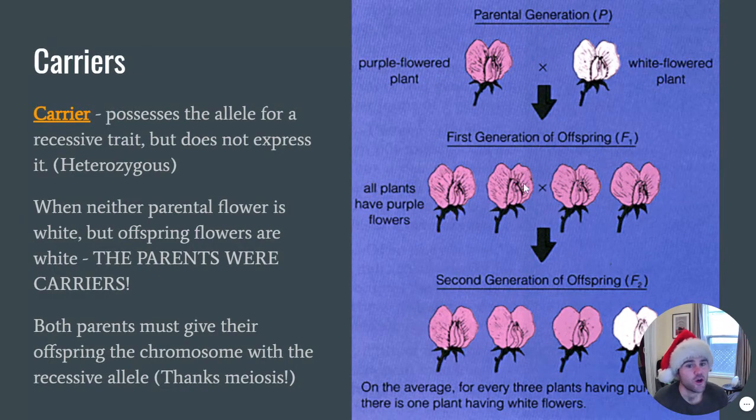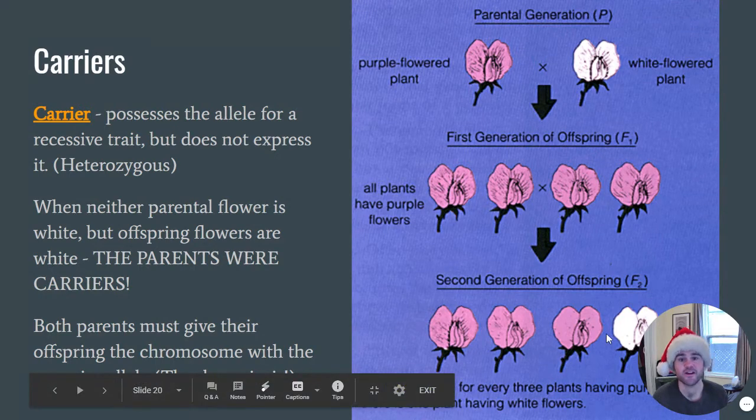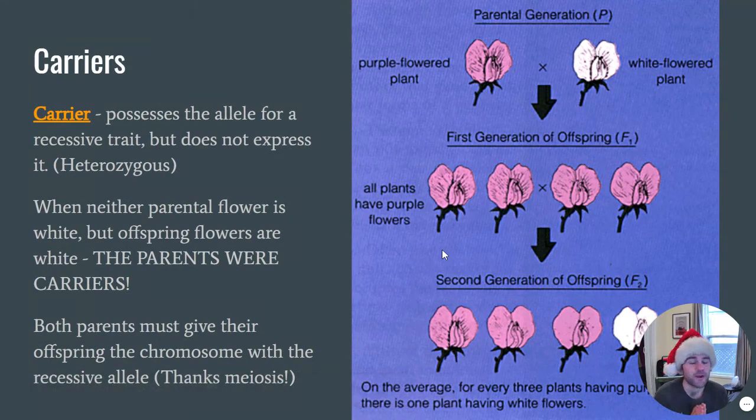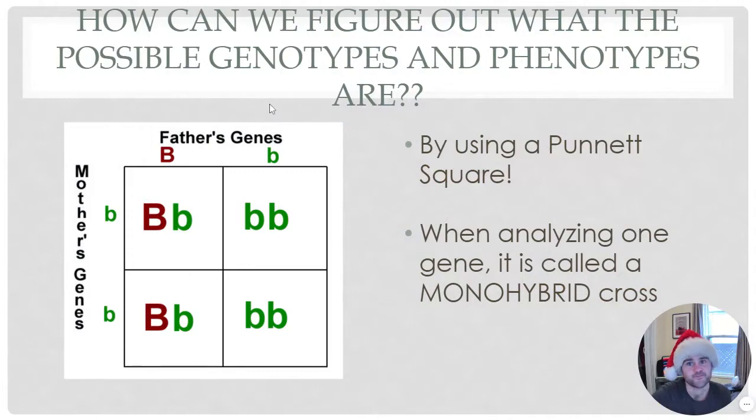So here you can see no parents have white flowers, but they produce white flowered offspring. That means that these parents are carriers for the white trait. And both parents must give their offspring the chromosome with the recessive allele. So if they're heterozygotes, they both have to give that recessive allele through the process of meiosis. And that's going to be the foundation for what builds our Punnett squares.